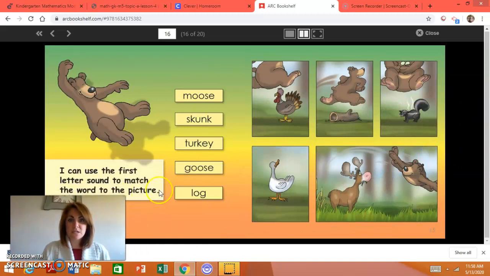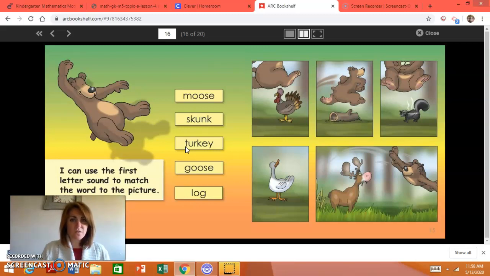Moose. There's moose. There's moose. Skunk. Skunk. Where's the picture of the skunk? You point to it. Yes, right here. Where's the picture of this one? What is this letter? Yes, it's T, and it says t.